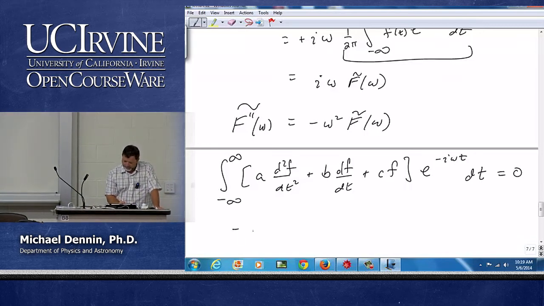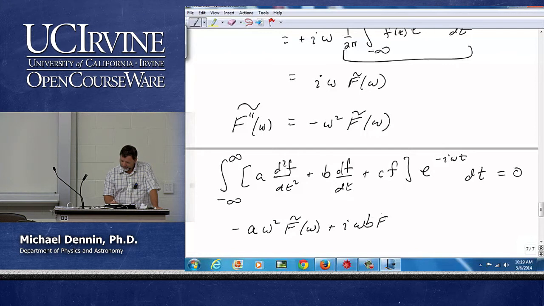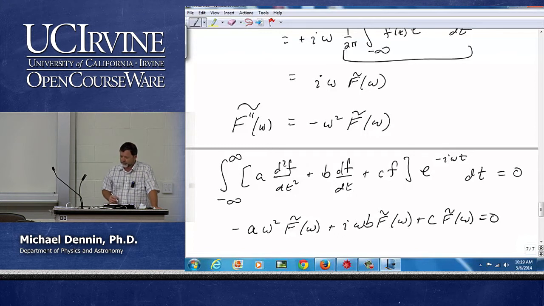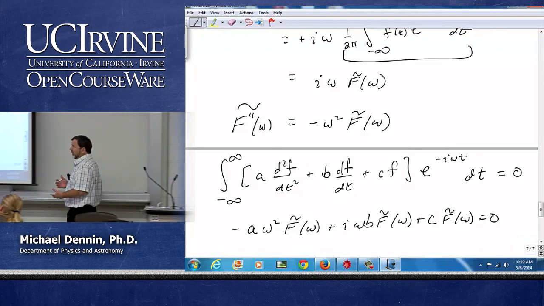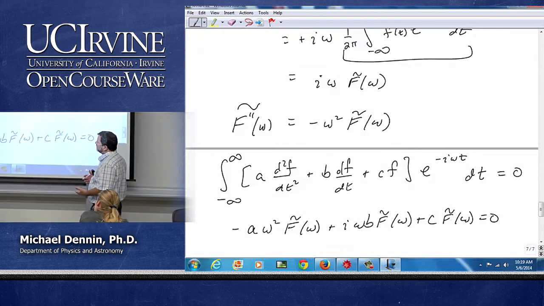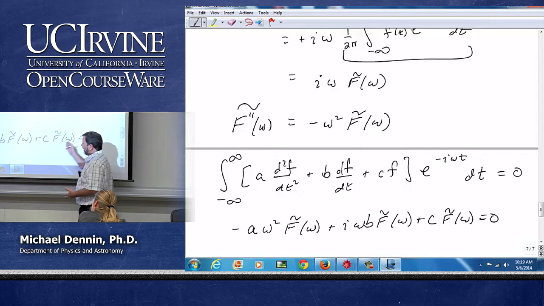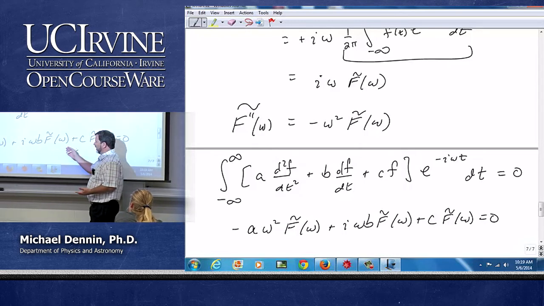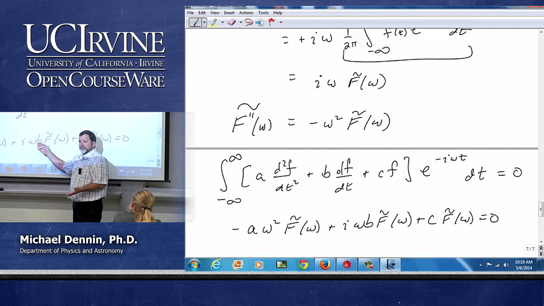So what we get is minus a omega squared f tilde of omega plus i omega b f tilde of omega plus c f tilde of omega equals 0. Now notice, for this type of equation, nothing much is different than what we had before. Because I can cancel out my f tildes of omega, and I'm going to get an equation for just certain omega that survive.